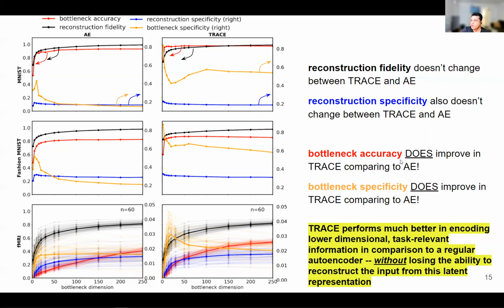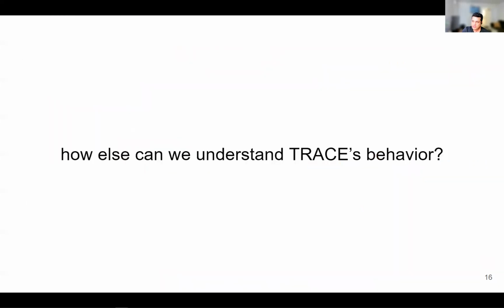Another thing is that the bottleneck accuracy does improve in the TRACE model, and also bottleneck specificity does improve in the TRACE model, especially in lower dimensions. Therefore, we can conclude that TRACE performs much better in encoding lower dimensional task-relevant information in comparison to a regular autoencoder, without losing the ability to reconstruct the input from this latent representation.